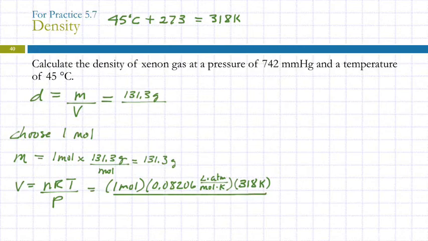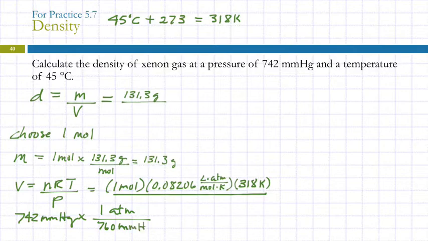Divide by the pressure. What does the unit for the pressure have to be? Atmospheres. It's given in millimeters of mercury, so you've got to convert that too. 742 millimeters of mercury times 1 atmosphere per 760 millimeters of mercury. 742 divided by 760 is 0.976.